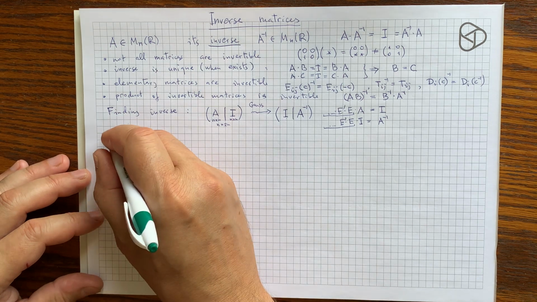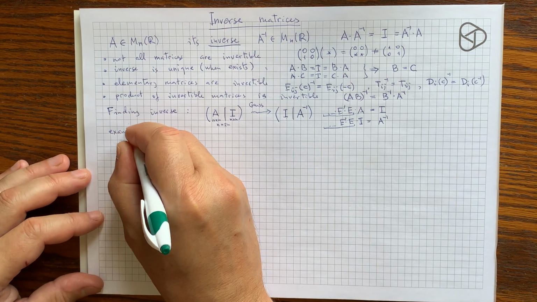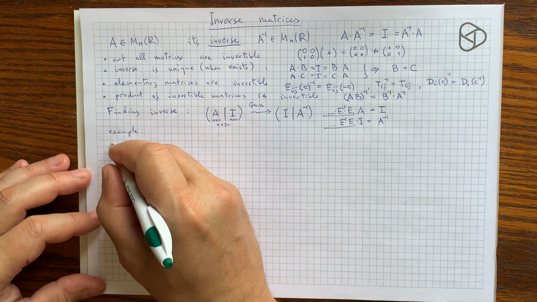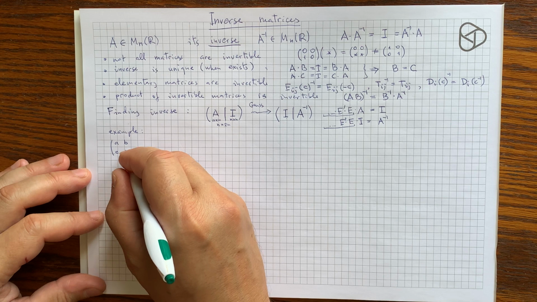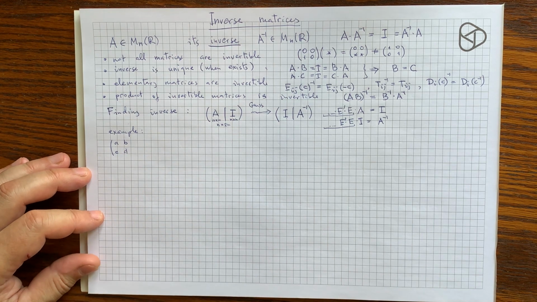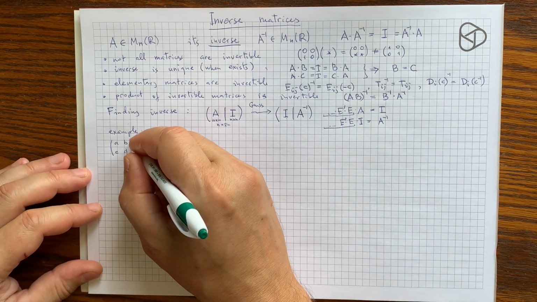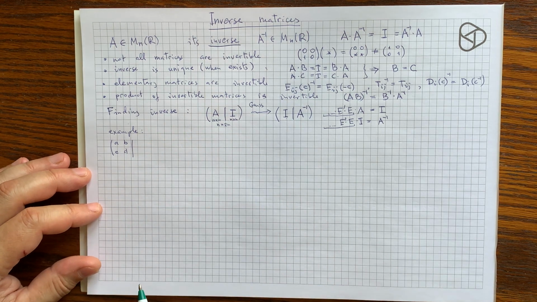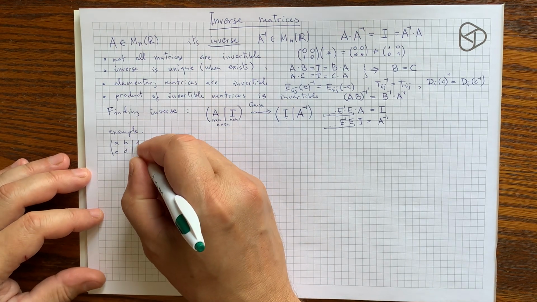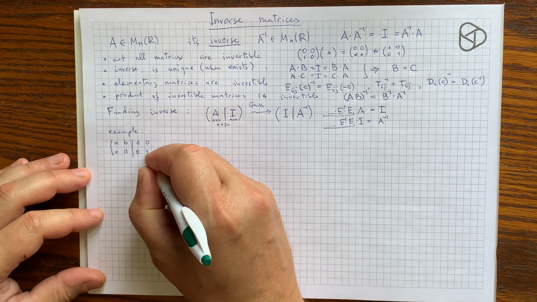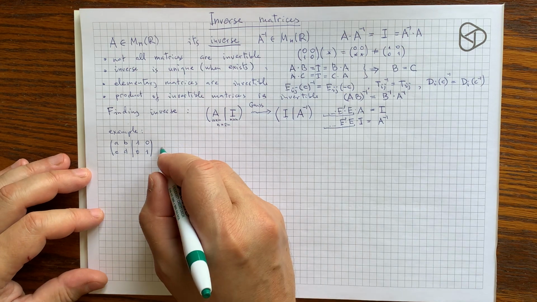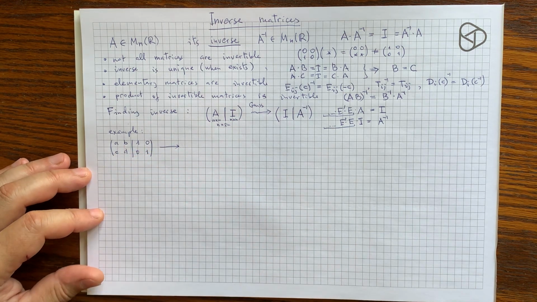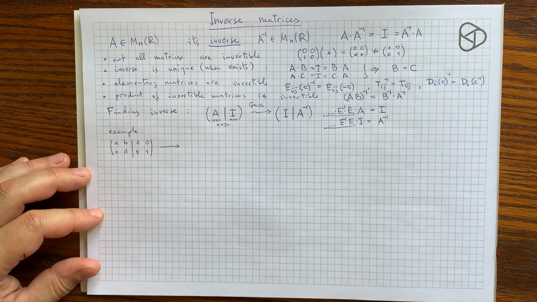As an illustration, let's look at the generic 2 by 2 case. So A is a 2 by 2 matrix, A, B, C, D, and I'm interested in finding the generic answer for its inverse. For performing this algorithm, let us extend it by the identity matrix of the same size, 2 by 2, as we should, and then start doing elimination in the first half to make a reduced row echelon form there.